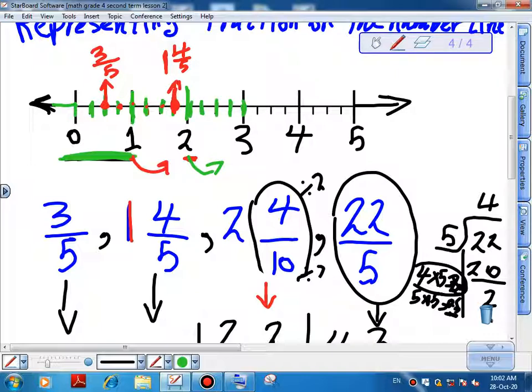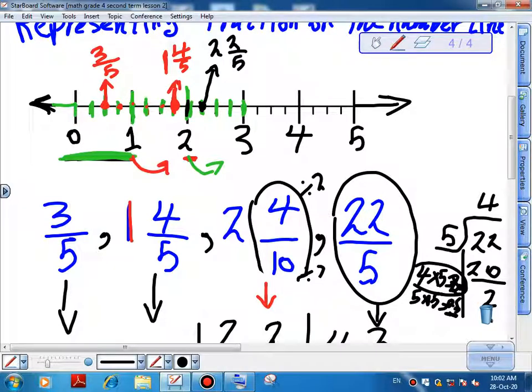So 2 and 2 over 5 will be 1, 2, here. 2 over 5, and the whole number is 2. Okay?